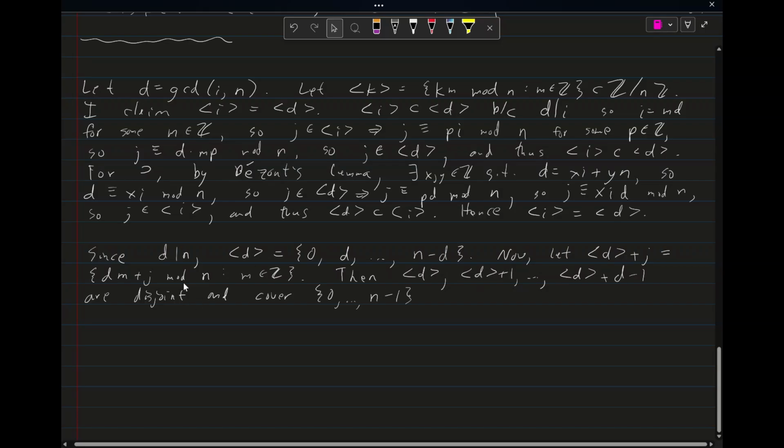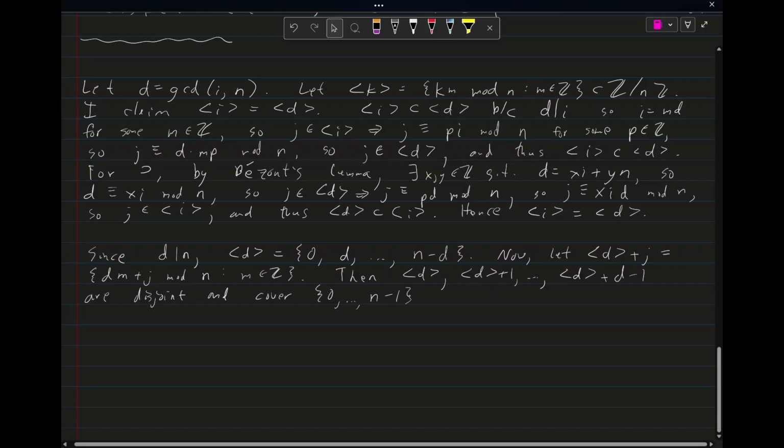By the way, this is mod n. Now if you add 1, then if you take the remainder of any integer in here after dividing by d, the remainder is going to be 1, because it's just some integer multiple of d plus 1.